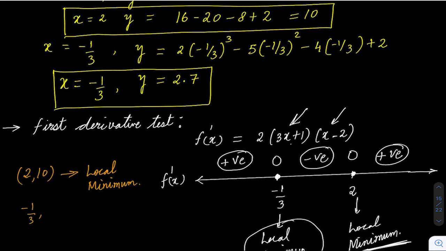And minus 1 over 3, 2.7 or 2.6, you can use a calculator to find this value, will be the local maximum. So this will be our final answer.